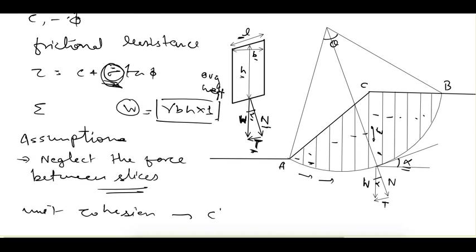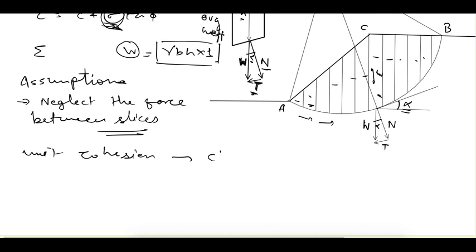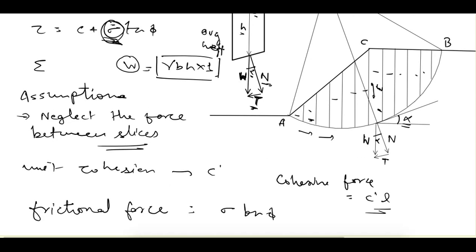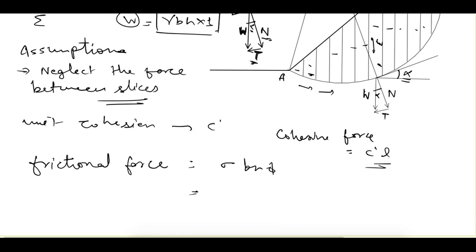So the cohesive force is c dash into L. Similarly, the frictional force is sigma into tan phi, and here N is replacing the sigma, so N into tan phi.